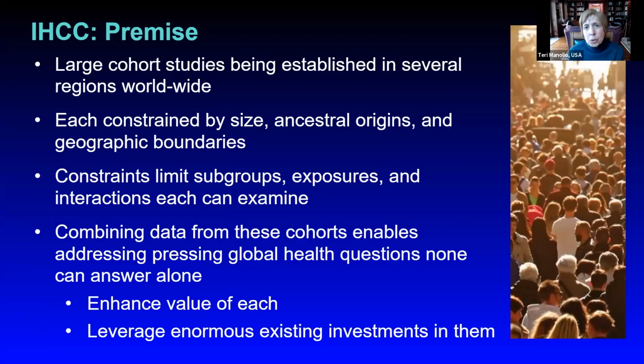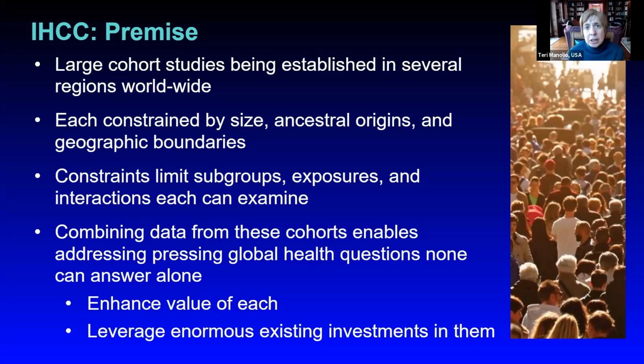So this group was brought together based on the premise that there were a number of very large cohort studies that had been established and were being established in several regions worldwide. And each of them, large as they are, potentially several of them over 1 million participants, are still constrained to some degree by their size, as well as by the ancestral origins and geographic boundaries in which they're operating.